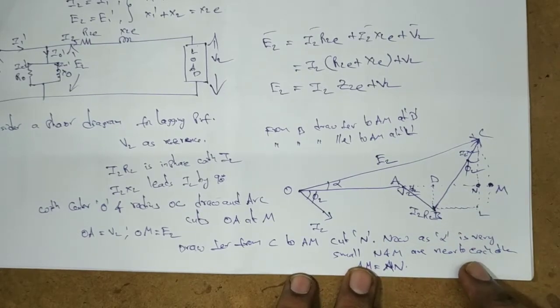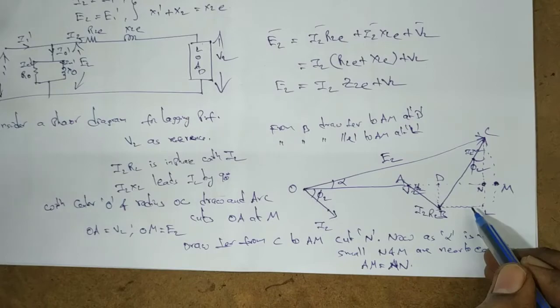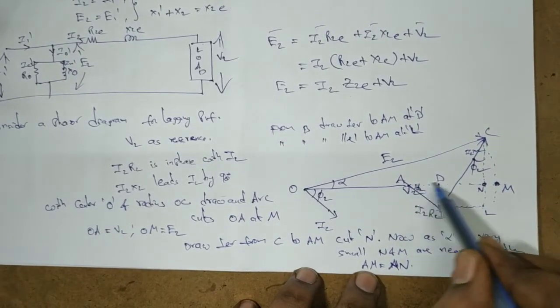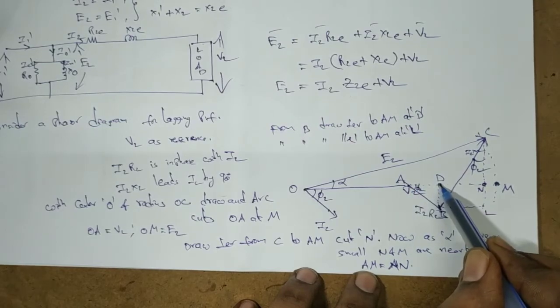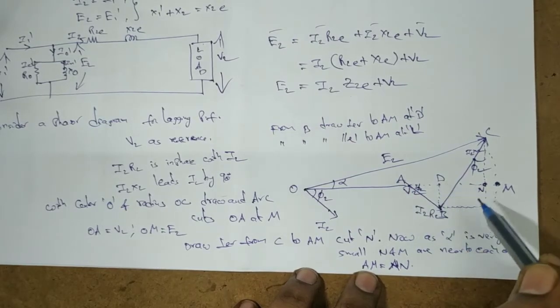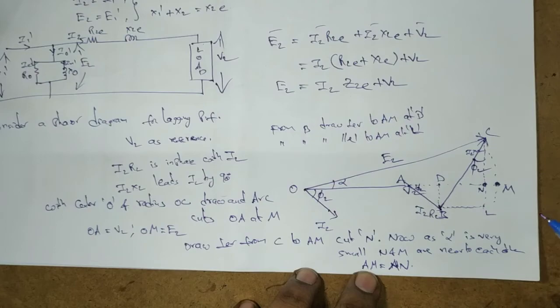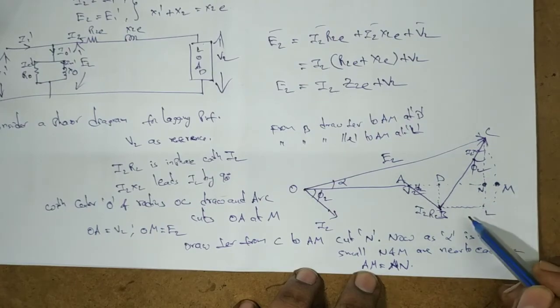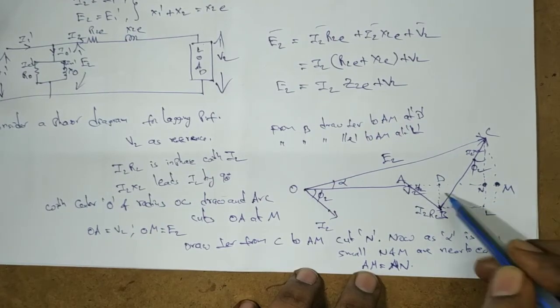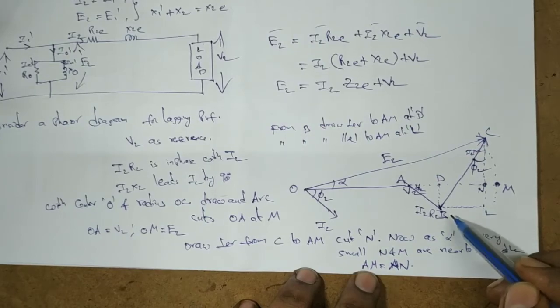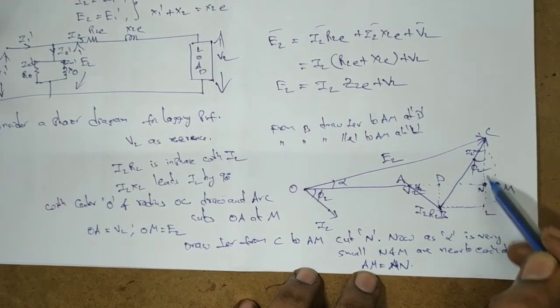Now in order to find side AD from triangle ABD, let us consider cos phi 2. Cos phi 2 is nothing but AD by AB, that is, side by hypotenuse in the right angle triangle.